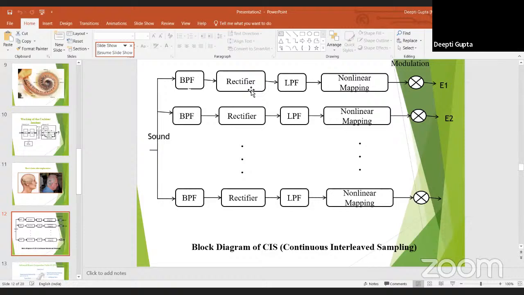What is the peak of the frequencies? According to that, we are calculating the envelope, because every frequency has some peak. Let me explain a little bit: when we are speaking, we have some harmonics. So according to that, we have some form and frequencies. So what form and frequency we are getting, we are just getting the envelope of the sound.